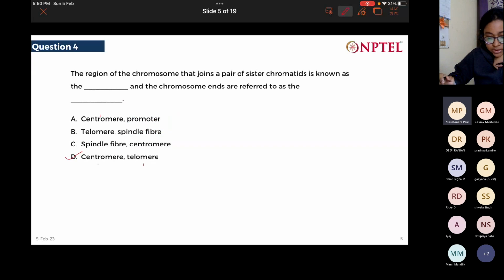The next question says the region of the chromosome that joins a pair of sister chromatids is known as what? Means if you recall, this is the structure of a condensed chromosome. Correct?